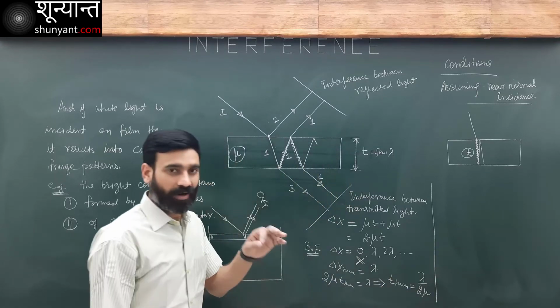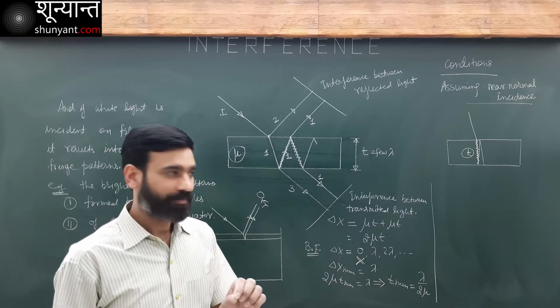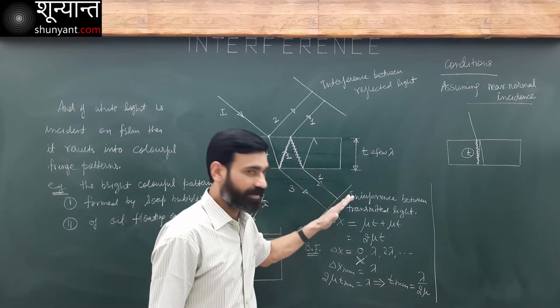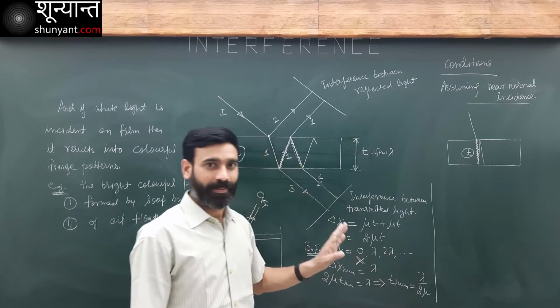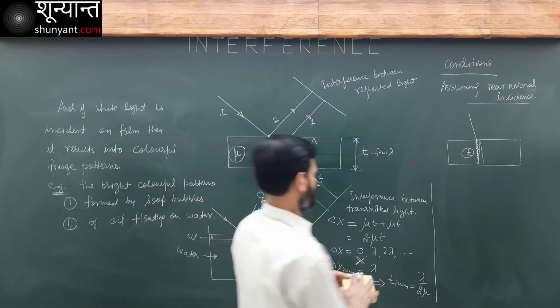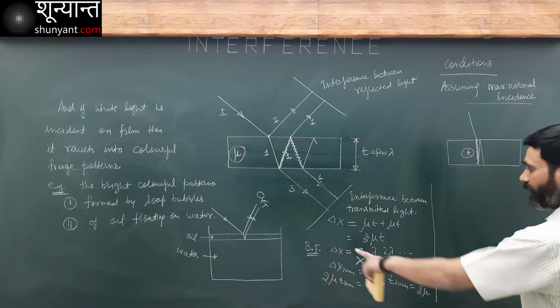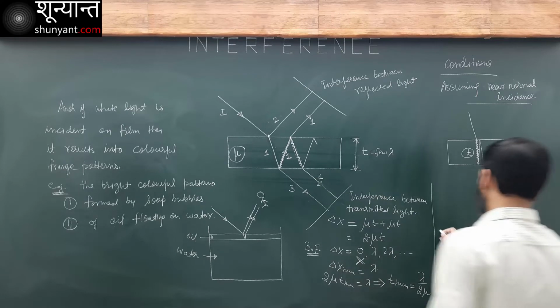So if I want to see an interference pattern for this transmitted light, then the minimum thickness should be lambda over 2 mu. This is for bright fringe. What about dark fringe?